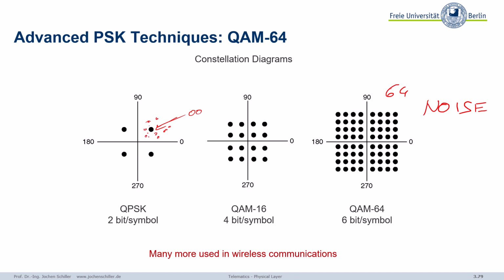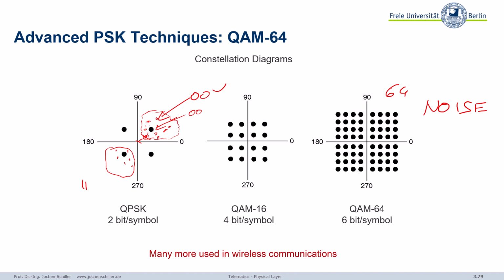Maybe a stronger, maybe a weaker signal. Remember, the length of the vector is the strength, the amplitude. So you receive something here, but still it's in the upper right-hand corner. So you say, okay, everything in this corner is 0, 0. Perfect. And then maybe you receive something here, and this could be the 1, 1. As long as it's in the lower left-hand corner, it's a 1, 1.